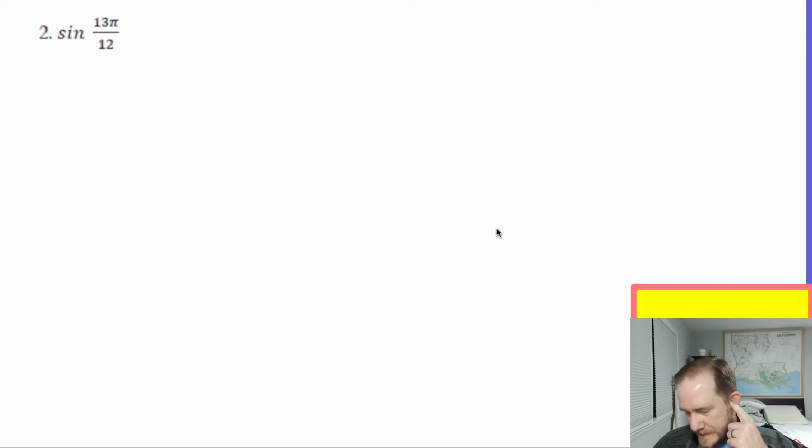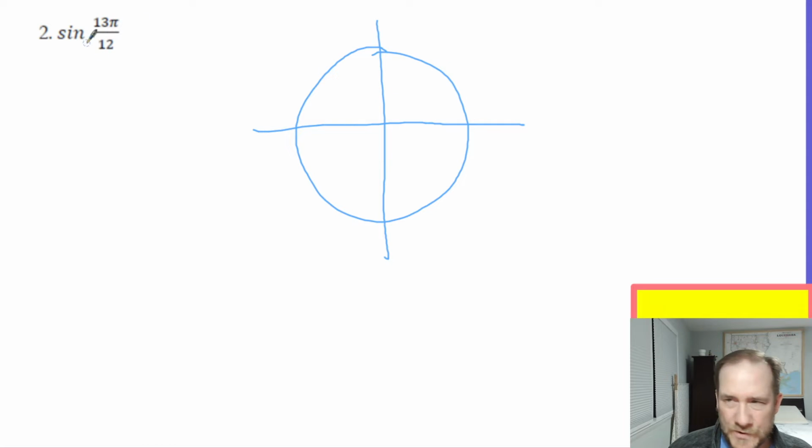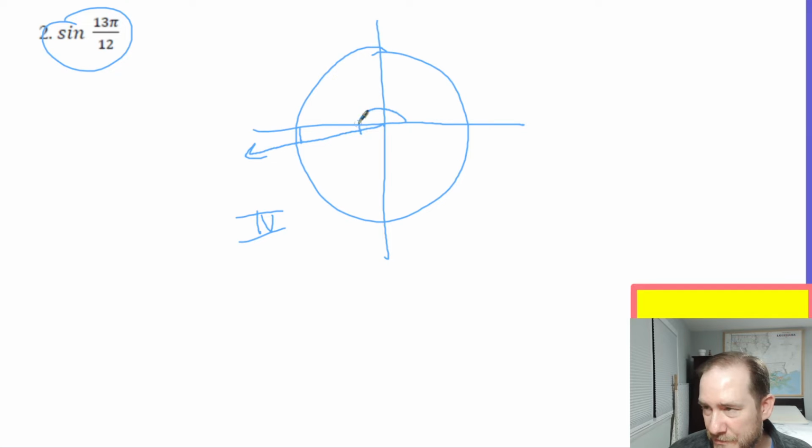Okay, holy cow. So let's do this one. Let's do it quickly. How quickly? Well, Eliza, watch how quickly I do it. I draw my unit circle. 13 pi over 12, where's that? It's 1 pi over 12 past 12 pi over 12, so it's a 15-degree reference angle in quadrant 4. Its sine is negative but small. So who's negative and small? Well, I've got a root 6 and I've got a root 2.